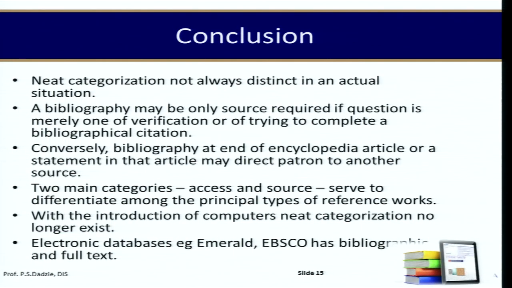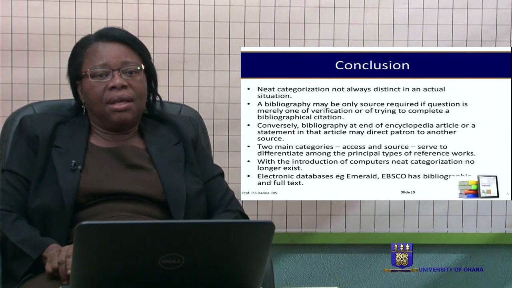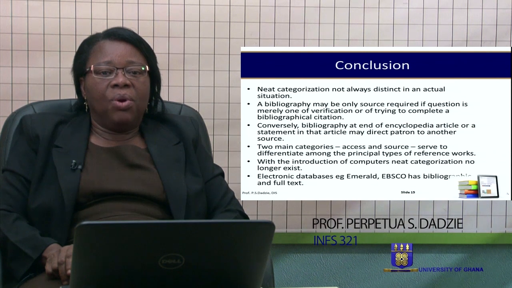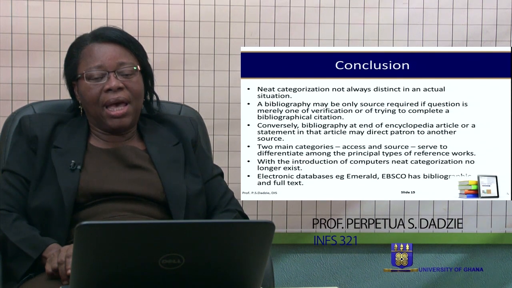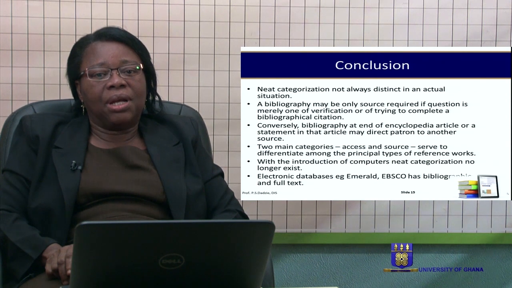Now, when it comes to source types, I say they provide the information themselves. But imagine somebody who is using an encyclopedia and sees that there are additional references, and so he needs to consult the other additional references for information. This encyclopedia will only list the references, will only point to the references, and the user would need to go somewhere else to get the other information listed at the end of the encyclopedia.